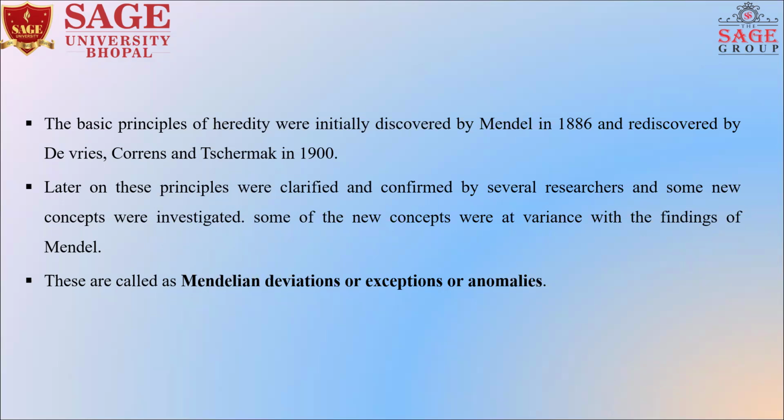After this, these three principles of Mendel were clarified and confirmed by several researchers, and on that basis, some new concepts originated or were investigated, and these concepts are also known as Mendelian deviations or Mendelian exceptions or Mendelian anomalies.